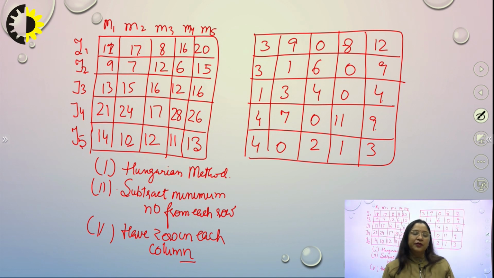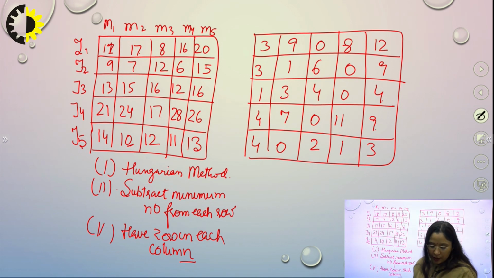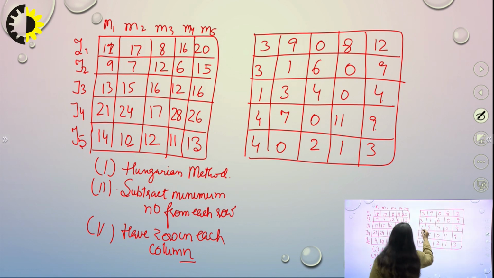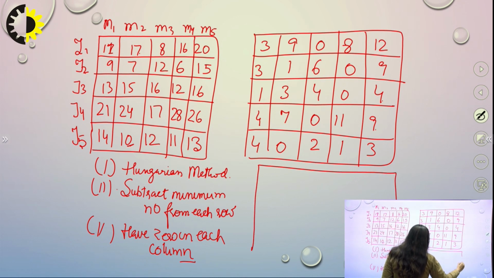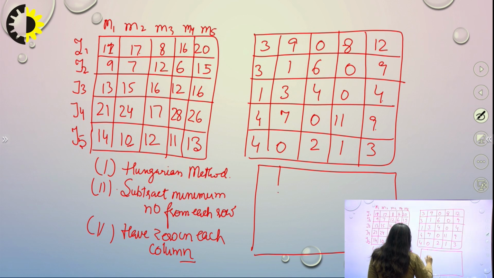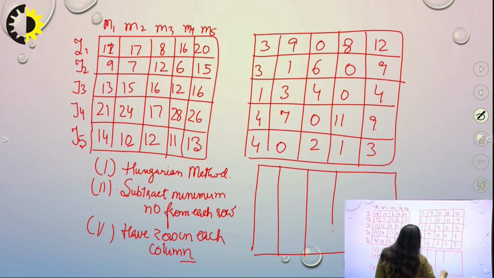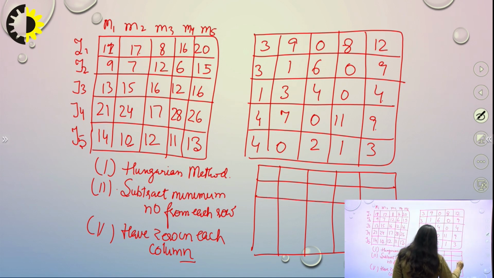We will see if there is any 0, or if there is not, then a similar process will be followed. For example, in the first column you can see that there is no 0. So we will subtract the minimum element from each of these, and we will have a 0 in each column.